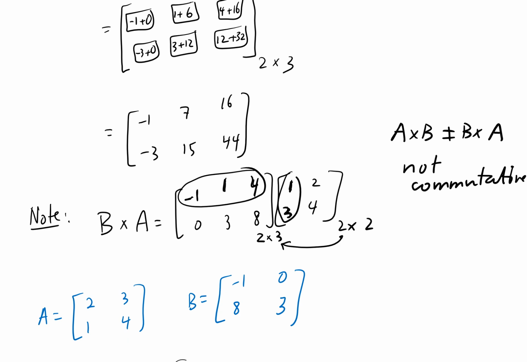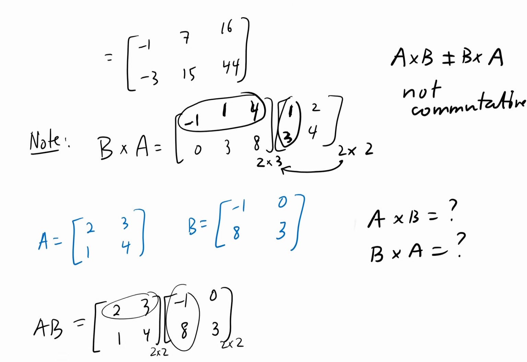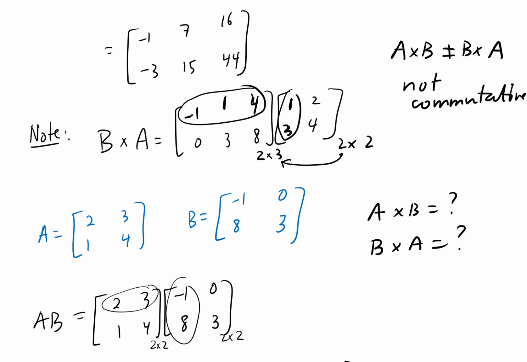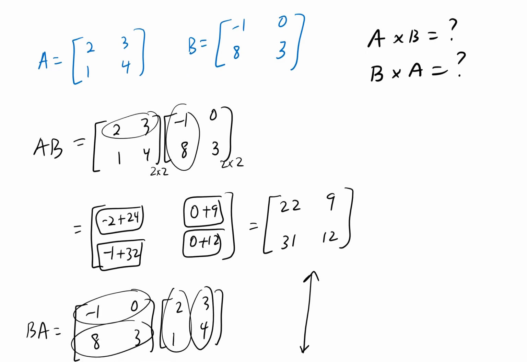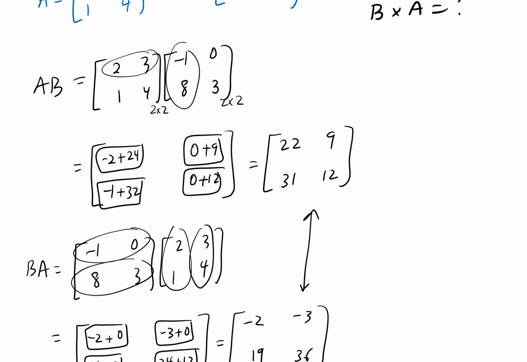Try to multiply A by B here, and also do B times A. Multiply A by B and see what you get, and do B times A and see what you get for this example. So here we multiply A by B, as you can see, and I got that. Then B by A, and I got this.